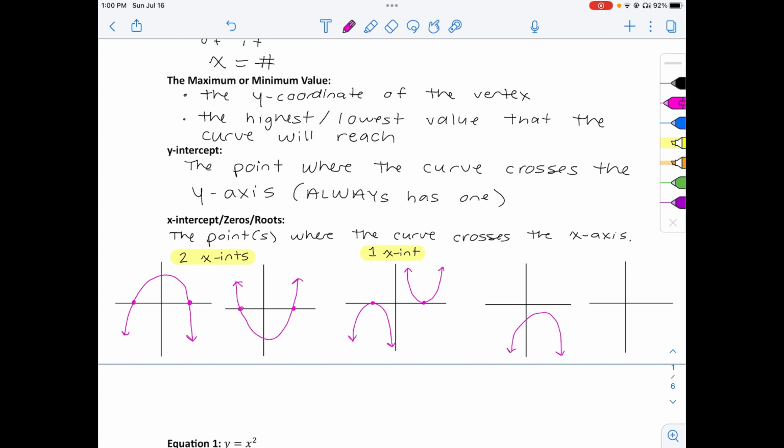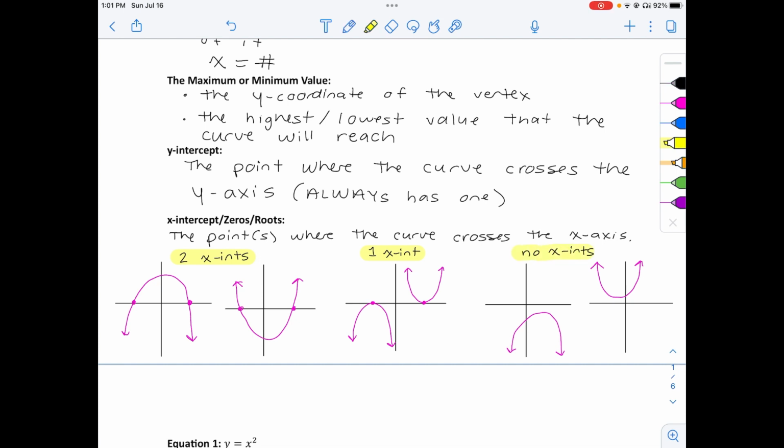This will never cross the x-axis because its highest point is negative. It's below the x-axis and it's opening down infinitely, so that's never going to cross. You also could have a curve that opens up and has a vertex above the x-axis like this, and that would never cross the x-axis either. So this would have no x-intercepts.